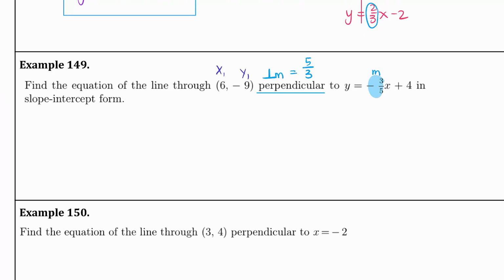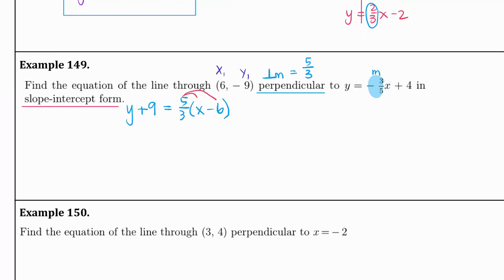Okay, let's use the point that they gave us and this slope to write the equation of our line. We've got y minus y1 equals m, which we just said is going to be 5/3, times x minus x1. This one they specify that we do want it in slope-intercept form, so let's go ahead and isolate y.